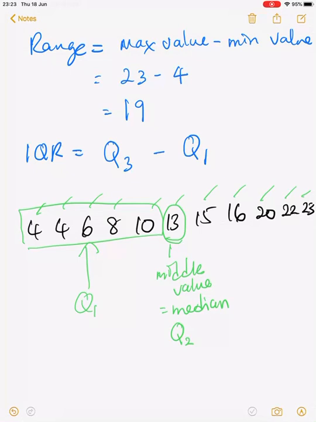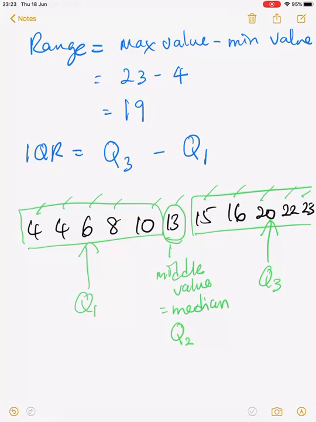Then the middle position of the right data is 20. So that one is the third quartile. You have a set of data, find the median, and then for the first part on the left, you find the middle position of the data, that's the first quartile. For the one on the right side, you find the middle position of the data, that's the third quartile.